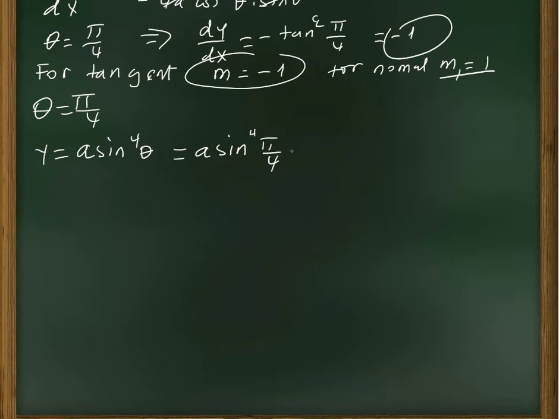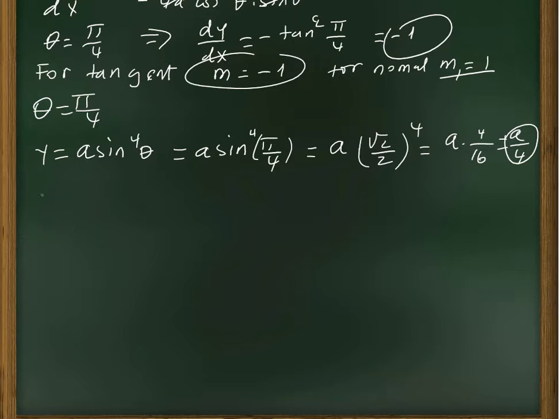That yields a, and we know that sine pi over 4 is square root of 2 over 2. That makes it a times square root of 2 to the power of 4, over 16, which is just a over 4.